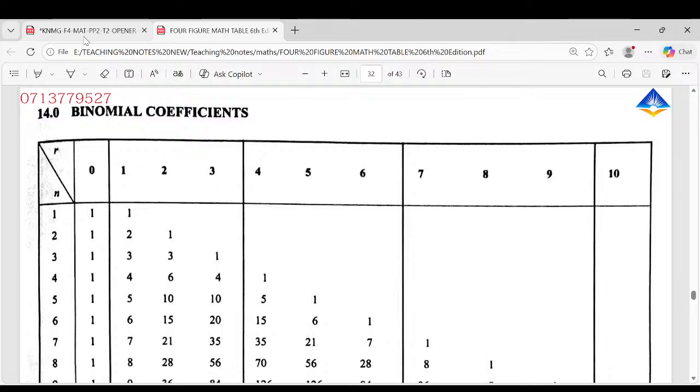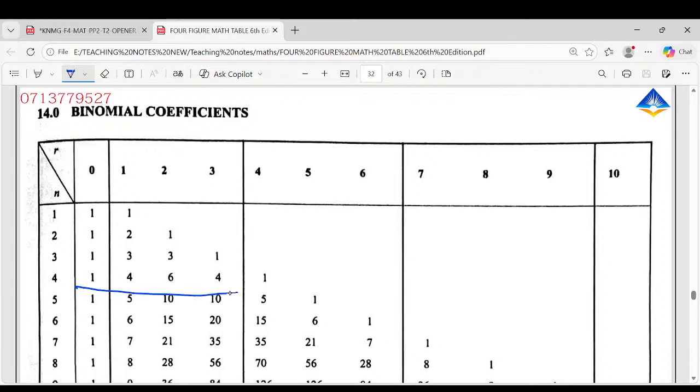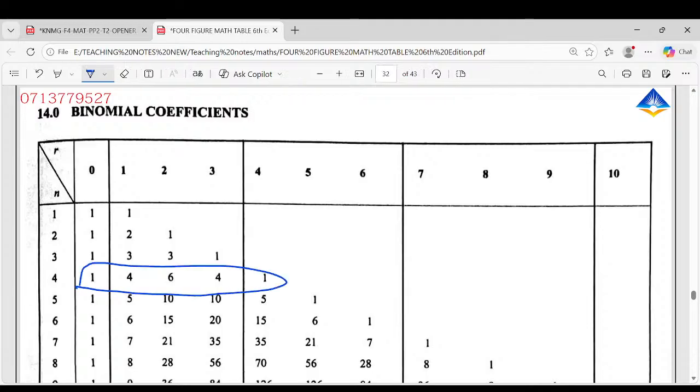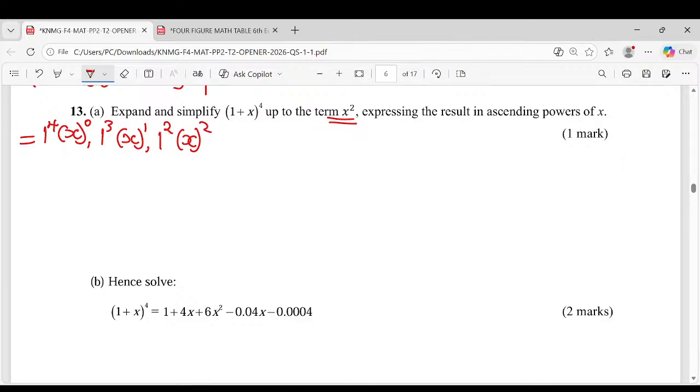For 4, this is what you are going to look at: 1, 4, 6, 4, 1. So this will be like saying 1 plus 4x plus 6x squared. I've done the expansion, as simple as that.